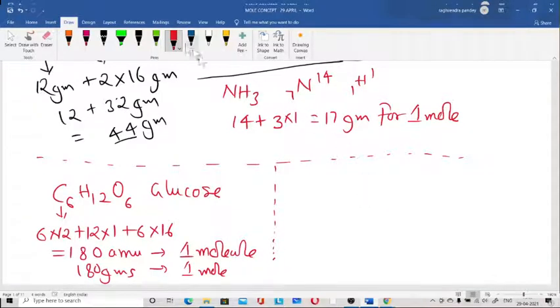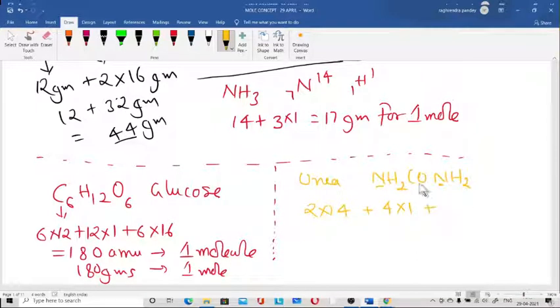So in the same manner, you can calculate various weights. Suppose urea, NH2CONH2. There are two nitrogen, so 2 into 14, plus 2 hydrogen here and 2 hydrogen here, so 4 into 1, plus 1 carbon, 12 into 1, plus 1 oxygen, so 1 into 16.